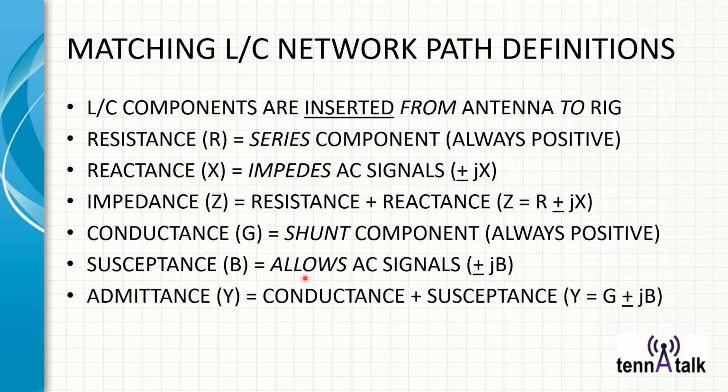And admittance Y is the conductance plus the susceptance, and that is the inverse of impedance. So impedance inverse is admittance, resistance inverse is conductance, and reactance inverse is susceptance. So that's just different mappings from different sides of the Smith chart, as you'll see here in a moment.